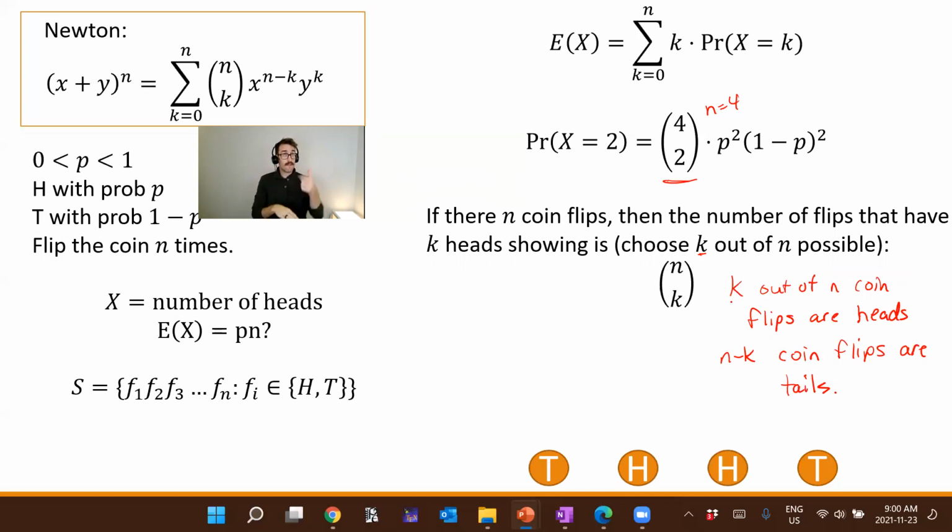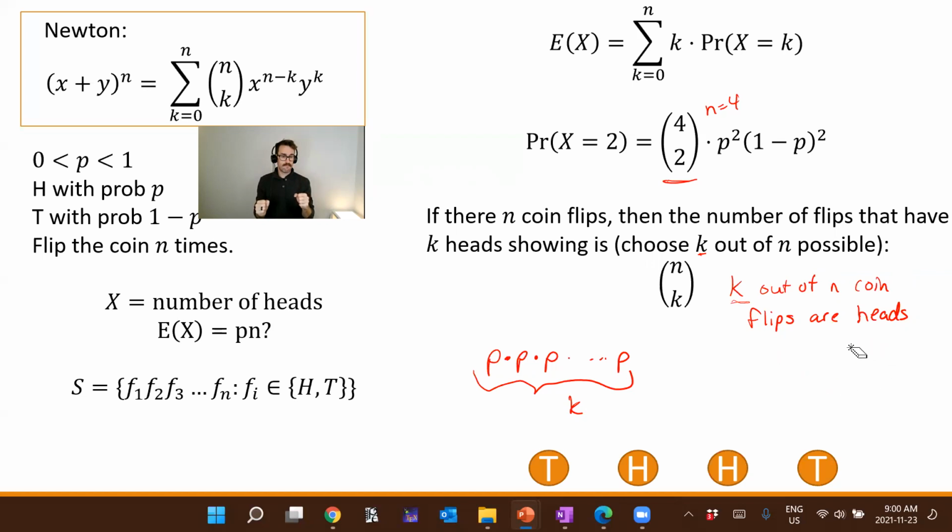They come up heads with probability P. So we have P times P times P, k times, and that is times 1 minus P, 1 minus P, 1 minus P, that is n minus k times.